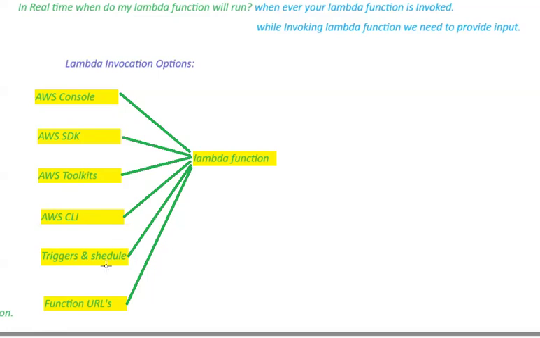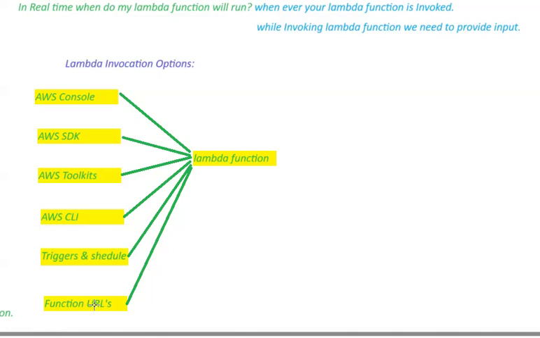If you want to execute your task at a certain time, at 8 a.m., then you can execute this Lambda function by using scheduling. Whenever an event happens, if I want to execute this Lambda function, then you can use triggerings.